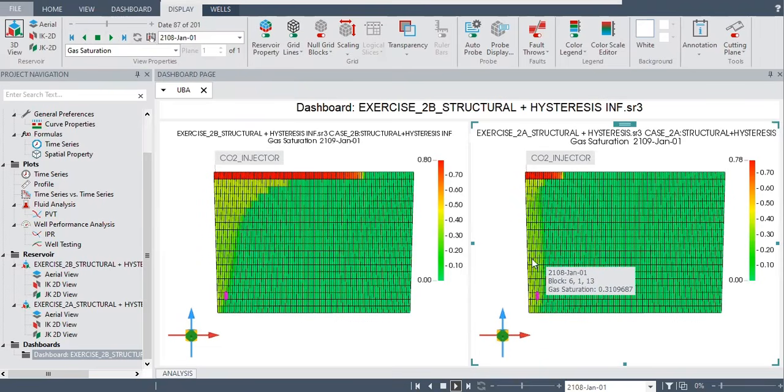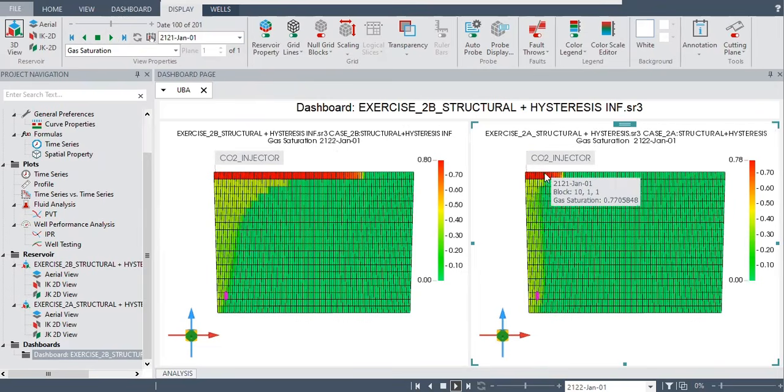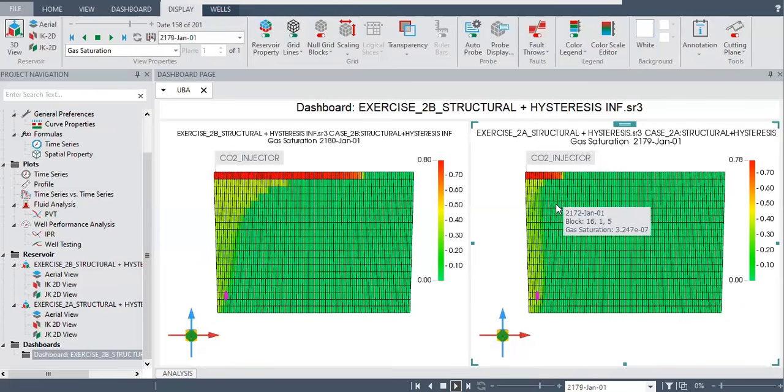You can see the yellow blocks there due to hysteresis trapping, and the red one. CO2 cannot go to the upper section of this aquifer because we have the boundary. So CO2 will accumulate on the top and then just spread there.